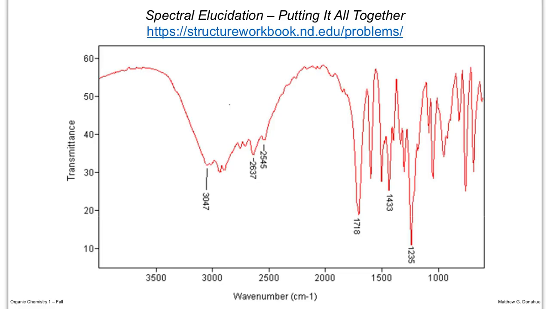So what about the IR? What can we learn about that? Anything else in there that stands out? The way that those two things look together, we're going to lump them and call it a carboxylic acid.